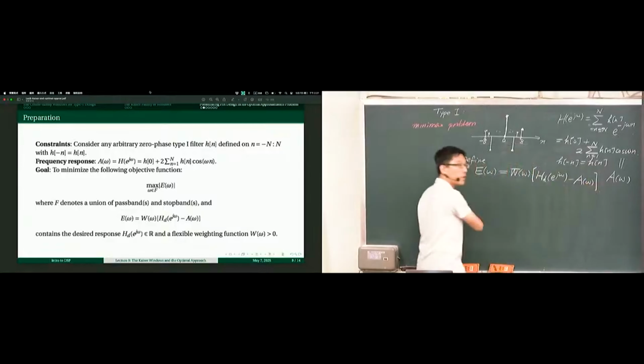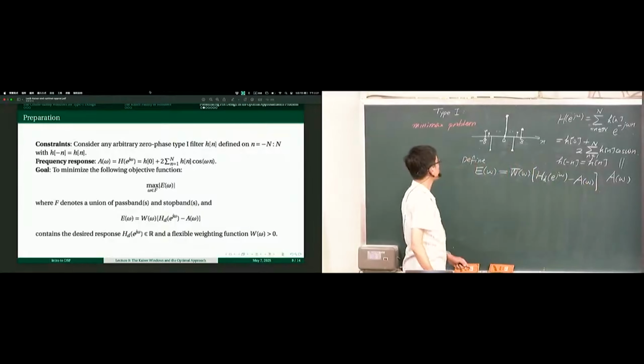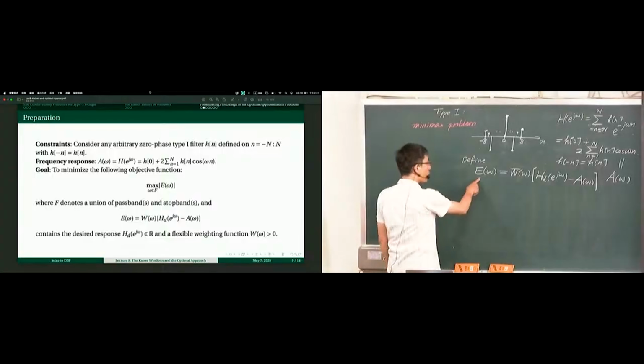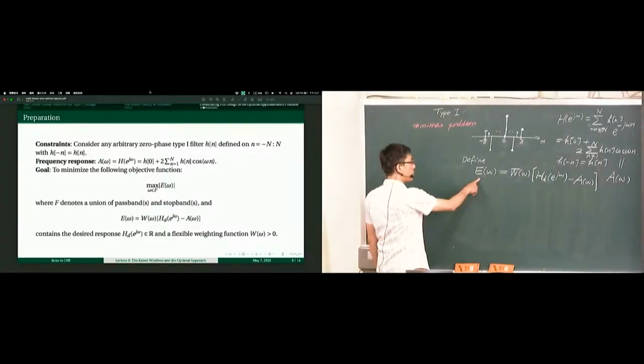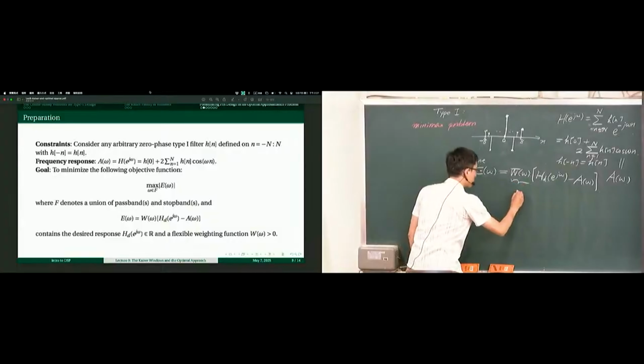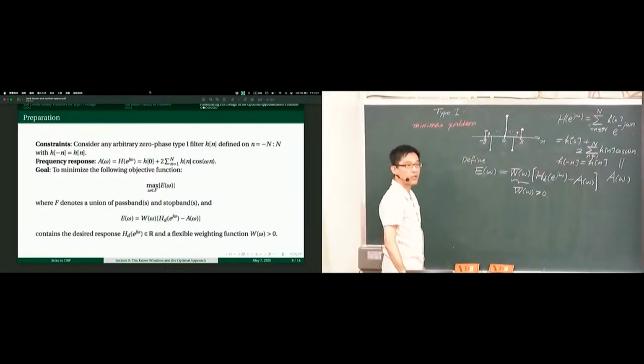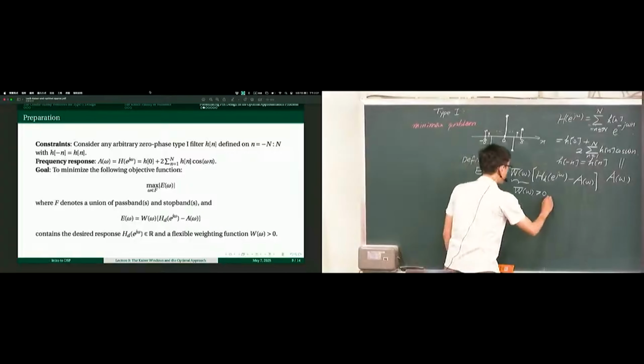Everything is real valued, to make our discussion simple, because we have this constraint that everything is zero phase. So everything is real valued, first of all. So they define this weighted error function where big W is a weight, and big W of omega should be positive everywhere.